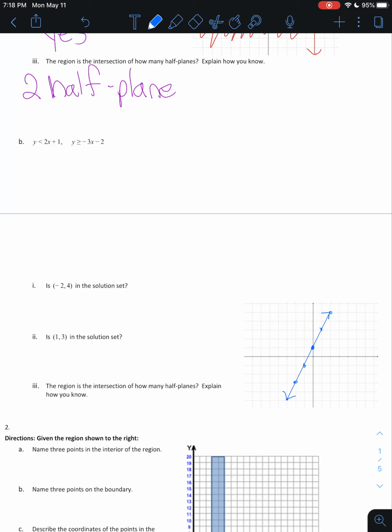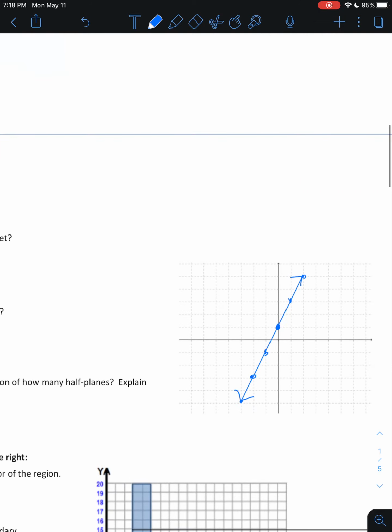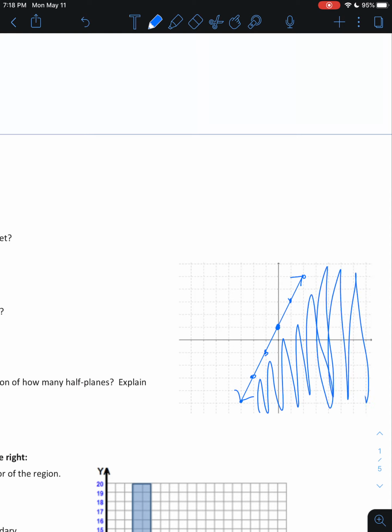And this time it's just less than 2x plus 1, so for any y values that are less than the y values on this line we made, that basically just means any region that's below the line.